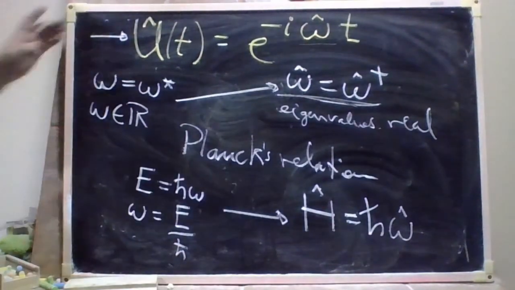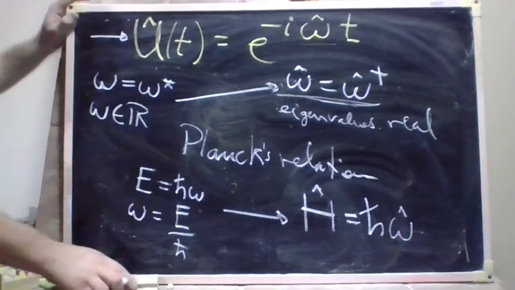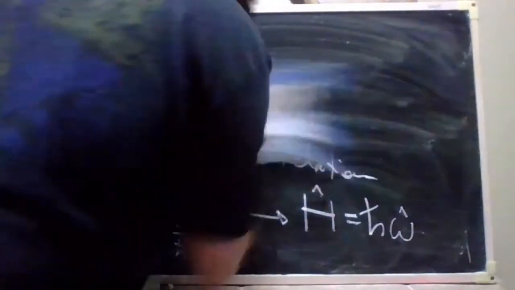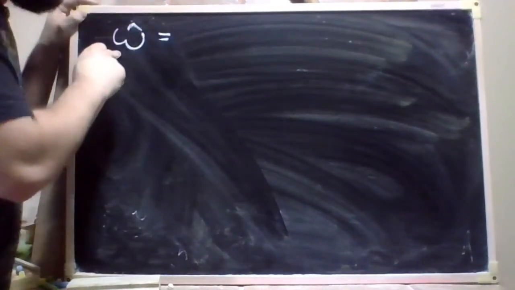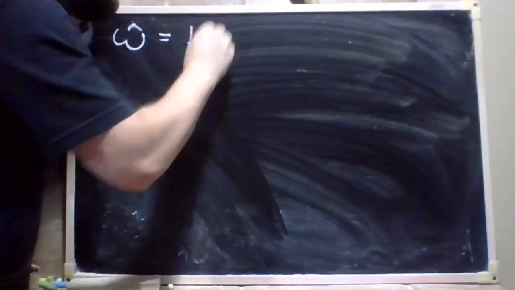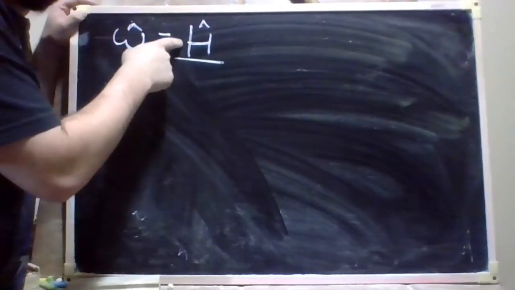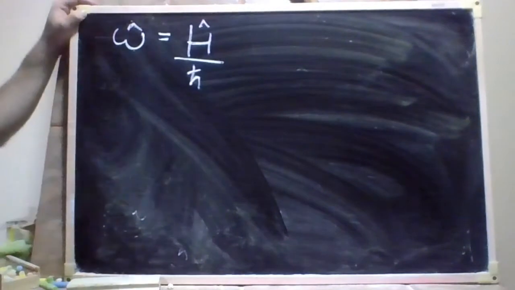All right. So I can isolate this omega here. I can isolate that and write in the following way. All right. Omega, which corresponds to all the eigenfrequencies of the system, is just given by all the eigenenergies, which are represented by the Hamiltonian operator, divided by h bar.